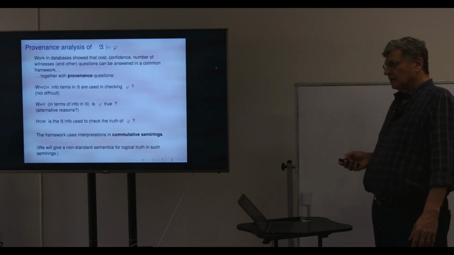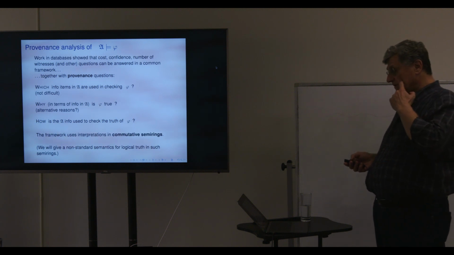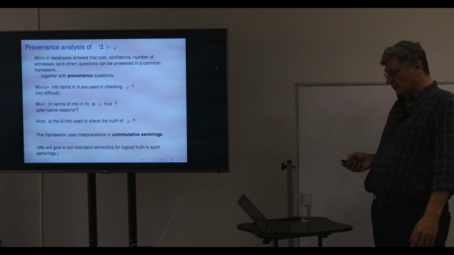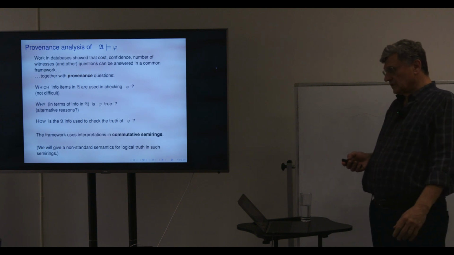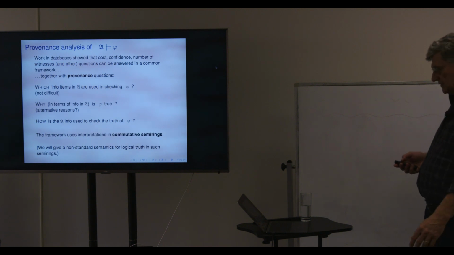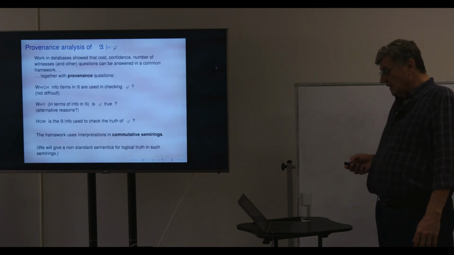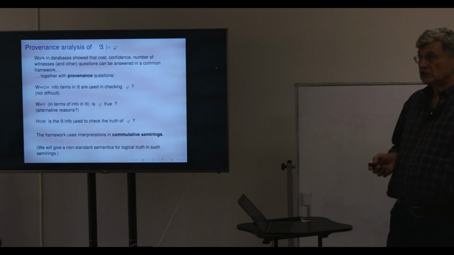And the work that we have done in the context of languages for databases has shown us that you can do this using a framework that uses the structures of commutative semirings, and I will explain why. What these commutative semirings are is a generalization of the Booleans.